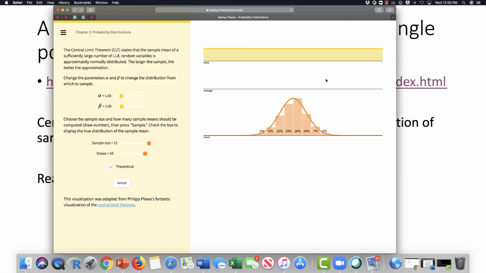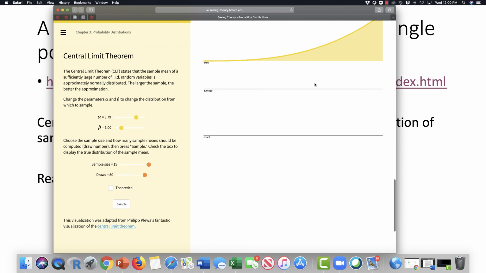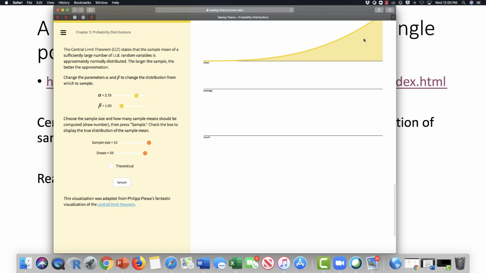I am going to show you one more distribution. So let me make the theoretical go away. I'm going to give you a really weird distribution. So if our population looks like this now, you wouldn't necessarily expect to get a normal curve from that, but in fact, you're going to get something that pretty much looks like a normal curve, with most of the values clustering in the center and then other values on the outside.